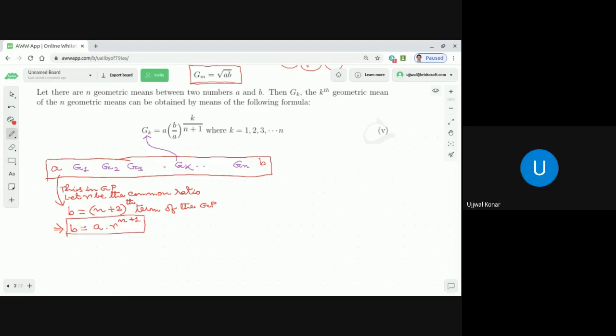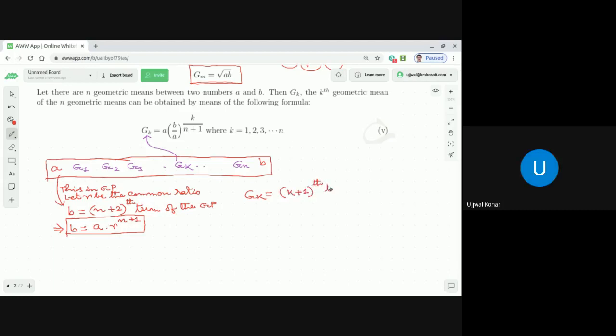Now, what we need to find? We need to find the kth geometric mean. So what will be GK? GK, the kth geometric mean, is nothing but the k plus 1th term in the given GP. Correct or not? All of you agree with me? So this implies GK is equal to the k plus 1th term of the GP.